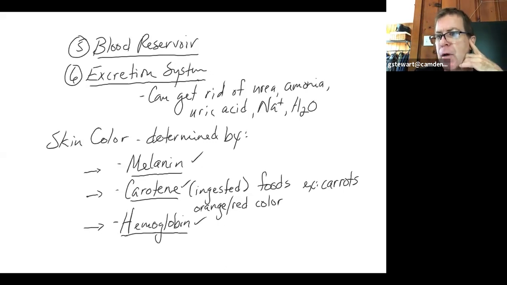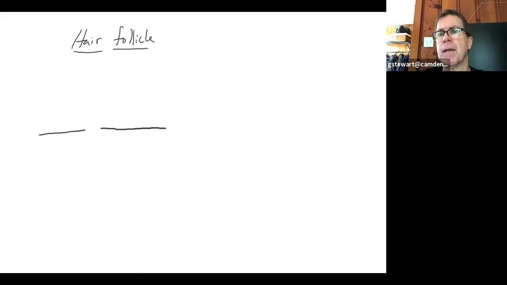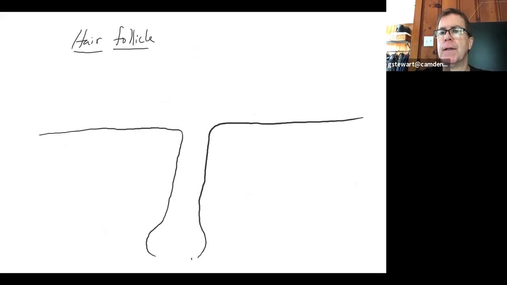Now, I am jumping around a little bit in chapter 5 because I want to hit as many of these topics as I can. I'm going to draw a hair follicle and explain the basics of it to you. This is the surface of the skin. A hair follicle penetrates way down deep into the skin itself.